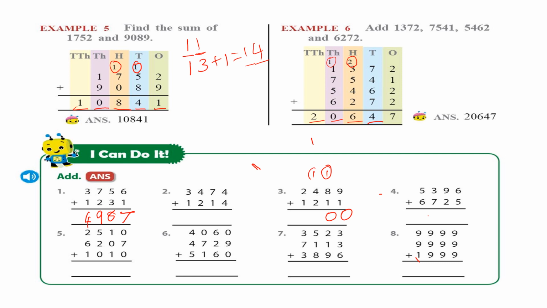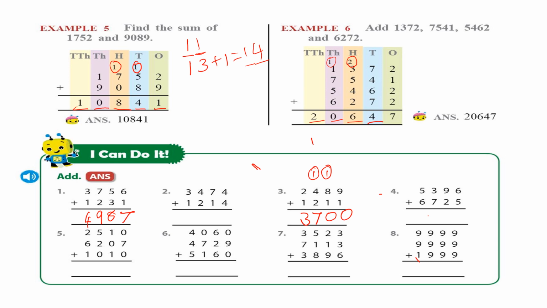I take 1 as carryover to 100's place. 2 plus 4 is 6. 6 plus 1 is 7. There is no carryover. So we move on to thousands place. 1 plus 2 is 3. So the answer is 3,700. Yes. So you can do the other sums and have practice at home.